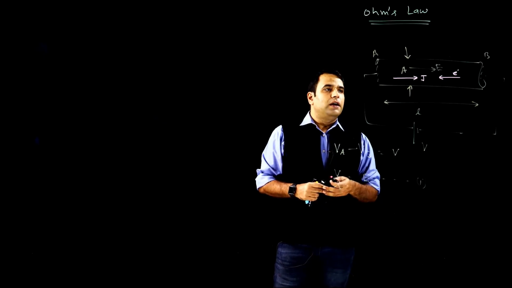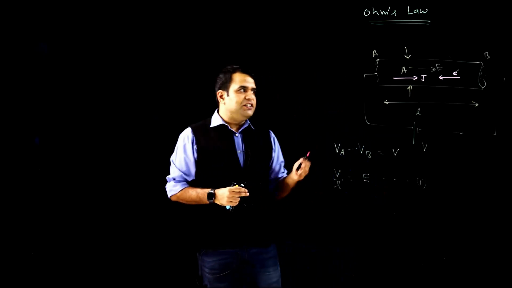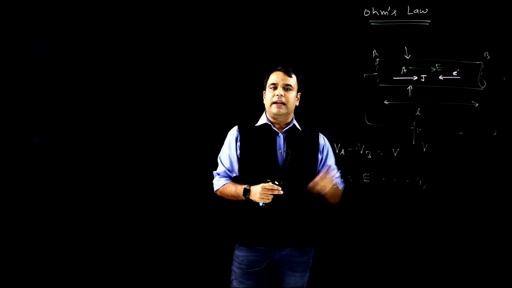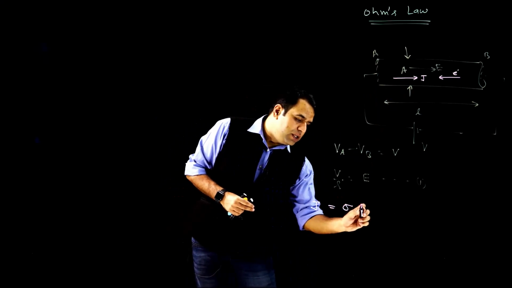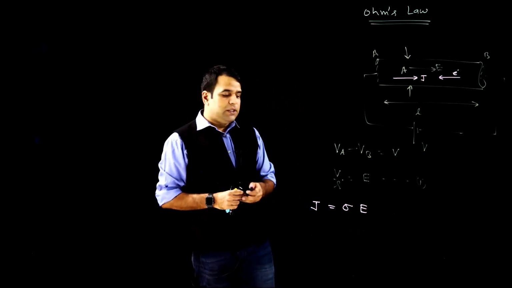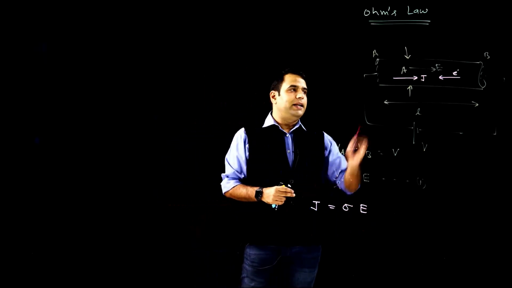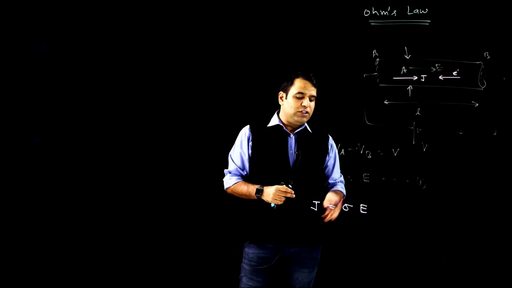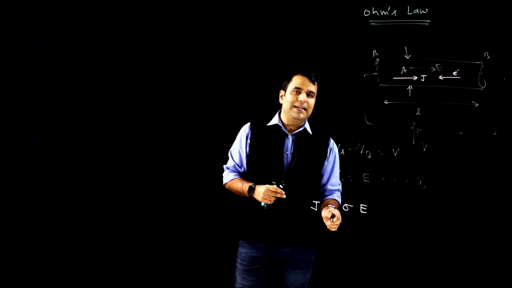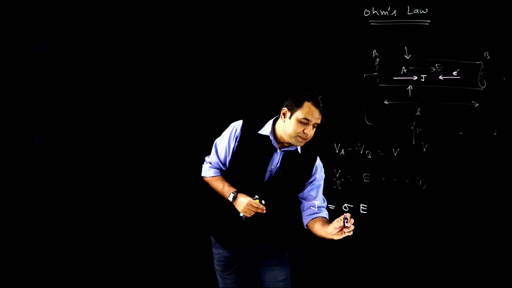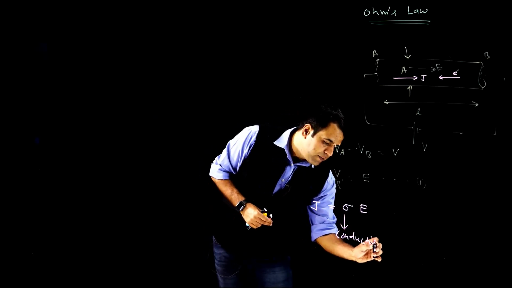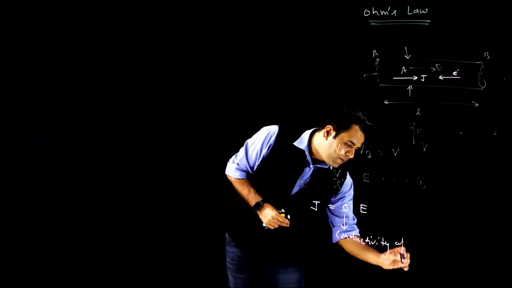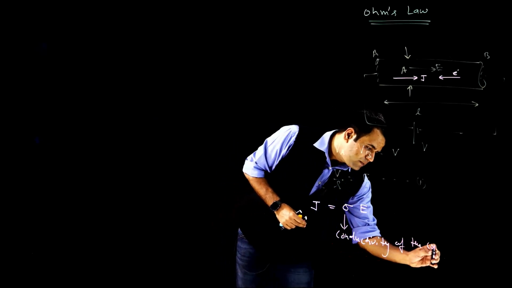Okay. Now we already know that there is a relationship between this current density and the electric field applied. The current density is equal to sigma times E, where sigma is the conductivity of the conductor.